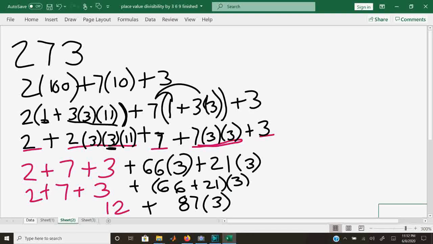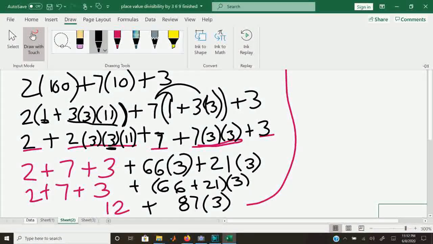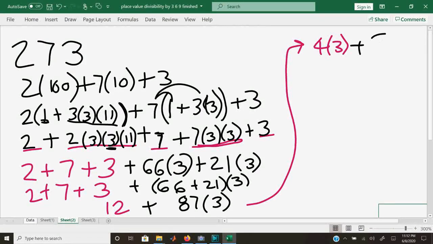And to do my division, I need to change my 12 to 4 times 3. And then I still have my 87 times 3. So I can say that taking that 3 back out again, going backwards from the distributive property, 87 plus 4, or 91 times 3, equals 273.